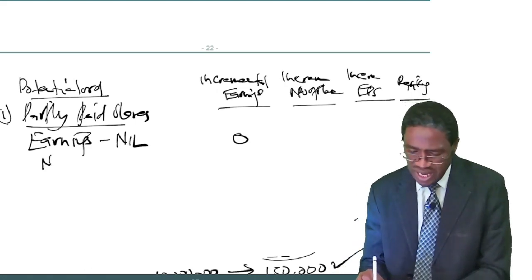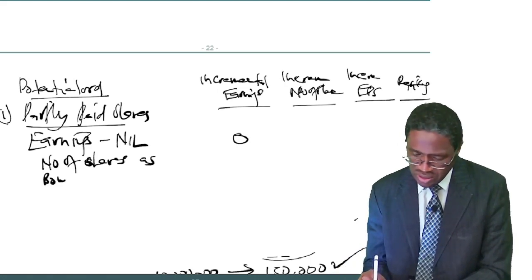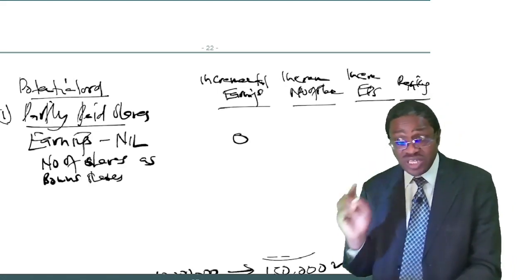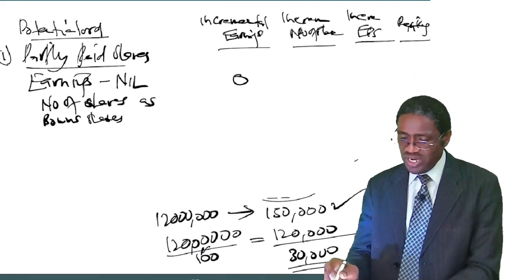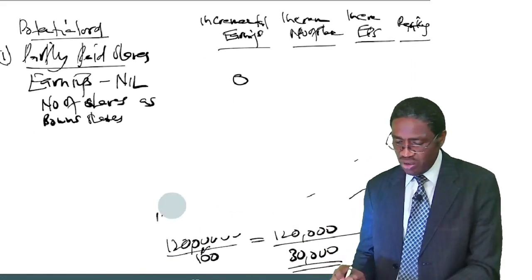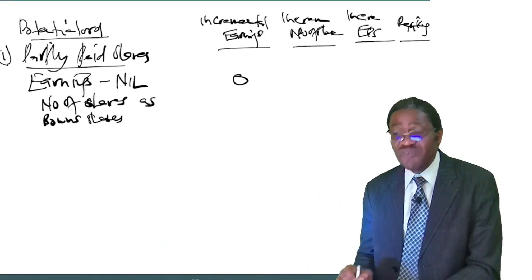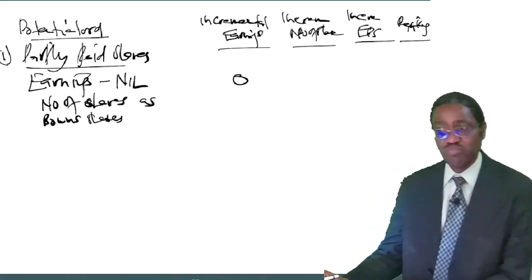Then we come and say number of shares as bonus. Don't forget, it is only the bonus element that is considered to be dilutive. So out of the 150 I'm going to give you in future, how many of them are dilutive bonus element?